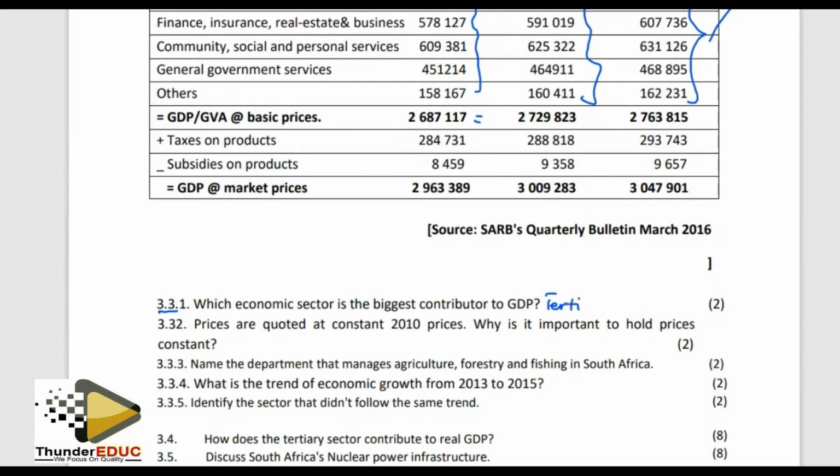Tertiary sector. Prices are quoted at a constant price of 2010. Why is this done? Because you get the real figures of GDP, without inflation.